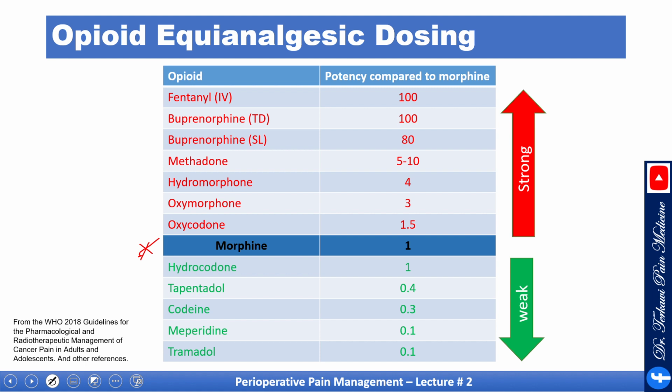Oxycodone is stronger. Oxymorphone stronger. Hydromorphone, morphine, buprenorphine, whether sublingual or transdermal, and fentanyl. What I would add here also is the sufentanil, which is 1,000 times as an IV. I couldn't find the conversion factor for the sublingual, which is newly approved by the FDA. We'll go over that in a few minutes.